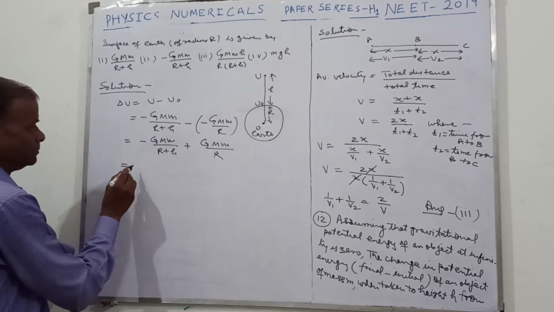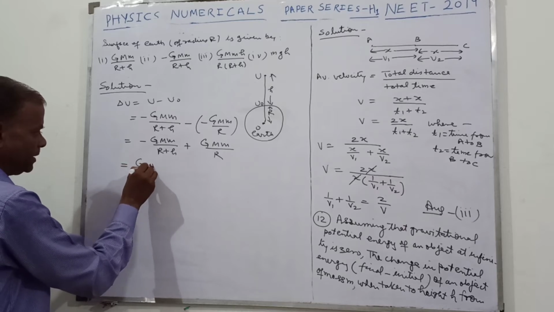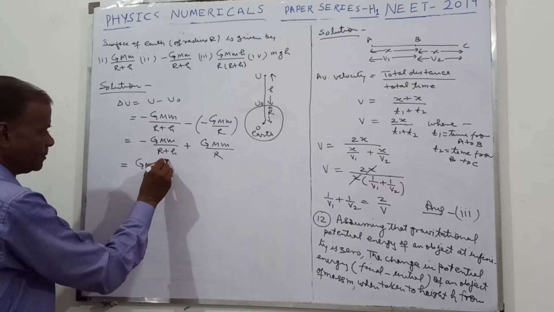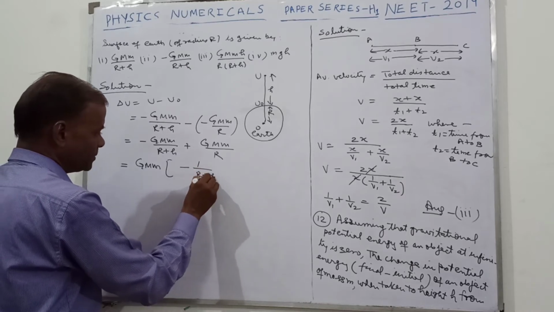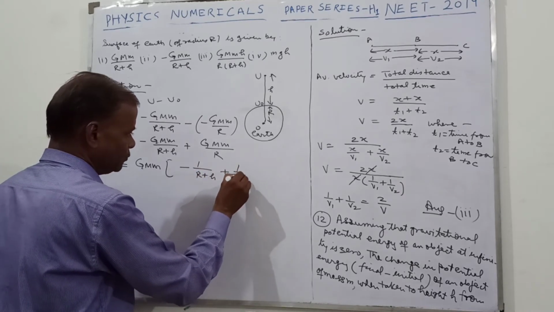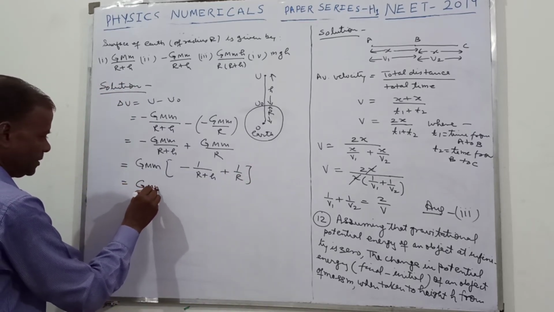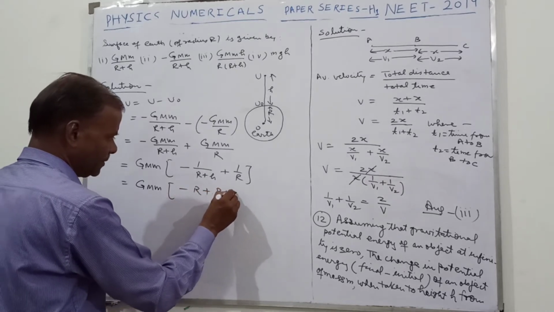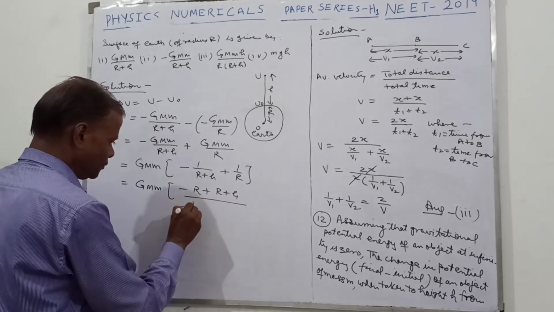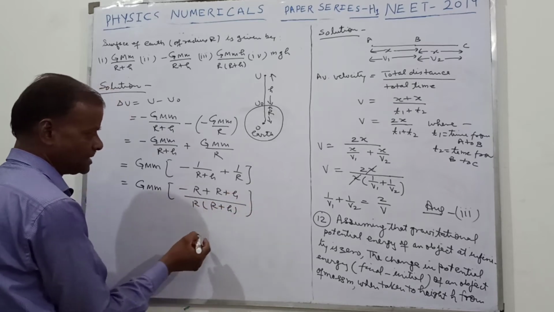Now you take common. What do we take common? This is now GM, into minus 1 upon (r plus h) plus 1 upon r. So this is GM into minus (r plus h) upon r into (r plus h). We take the LCM.